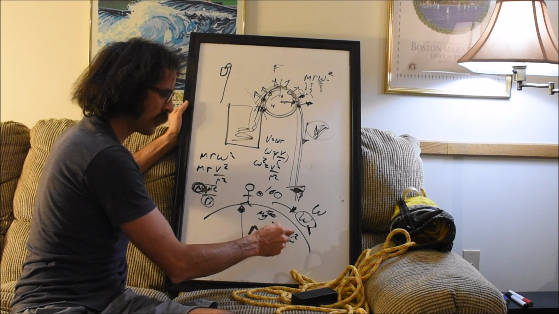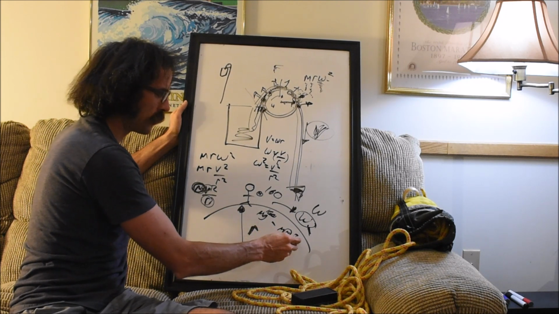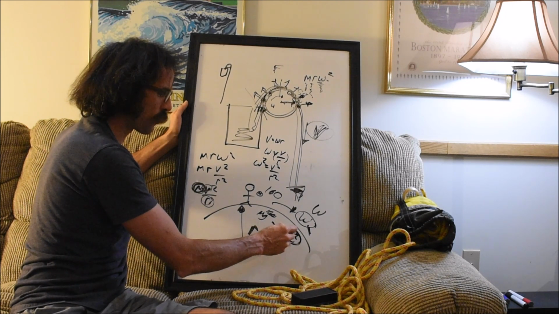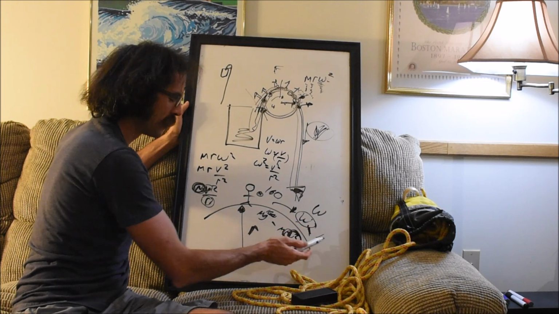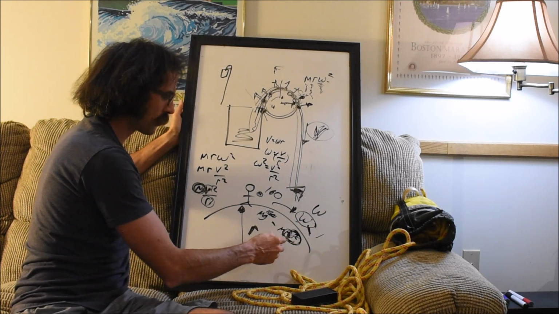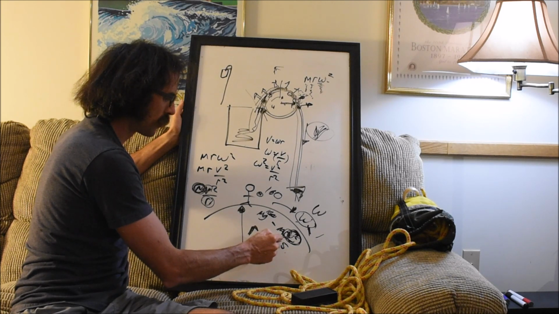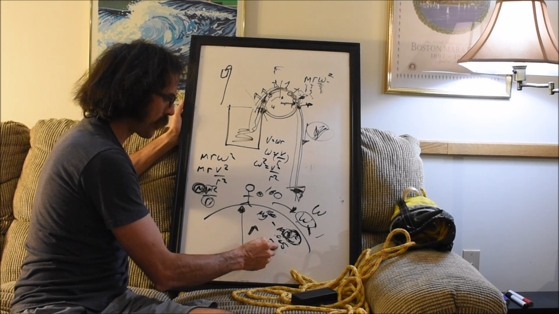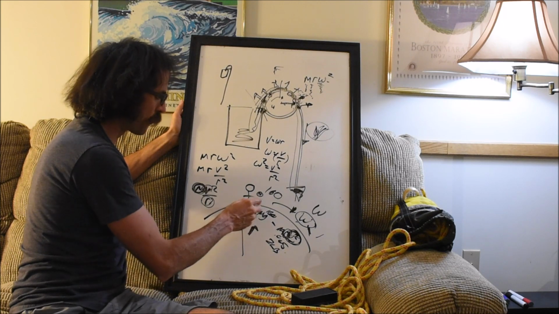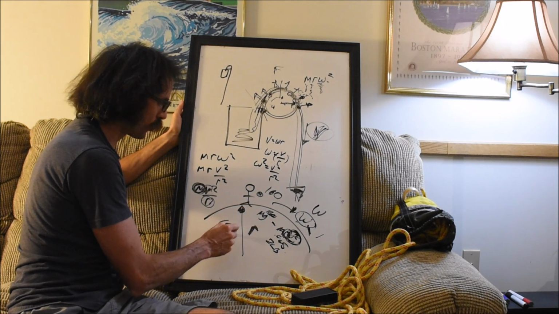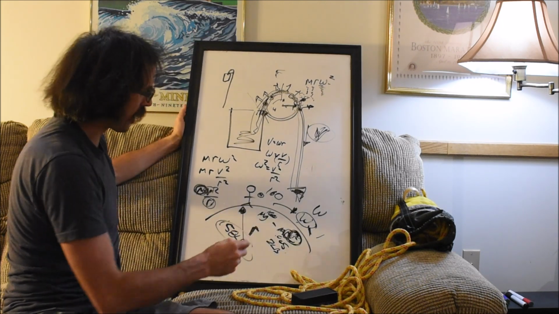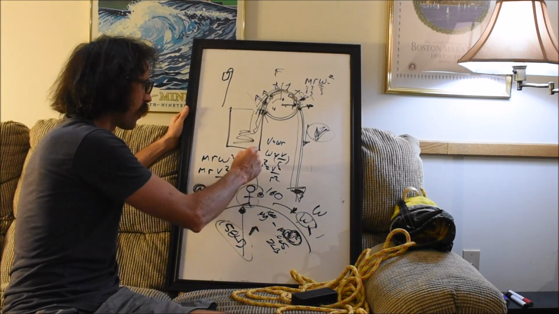The radius is monstrous, but it takes 24 hours just to do one cycle. So these are real small, and it's only a fraction of your weight, only like 2 pounds. If you're on the equator, you'll lose 2 pounds. That's all. But you are trying to get flung off.